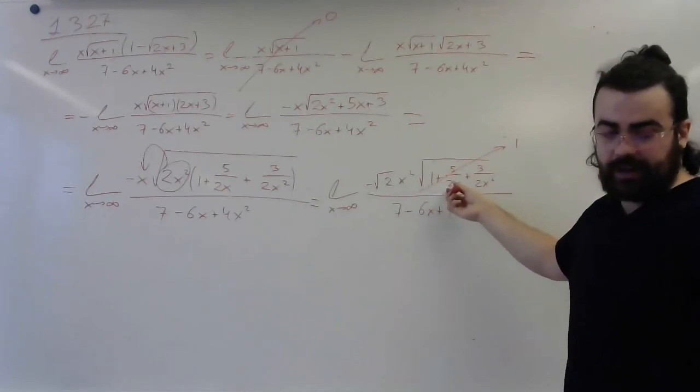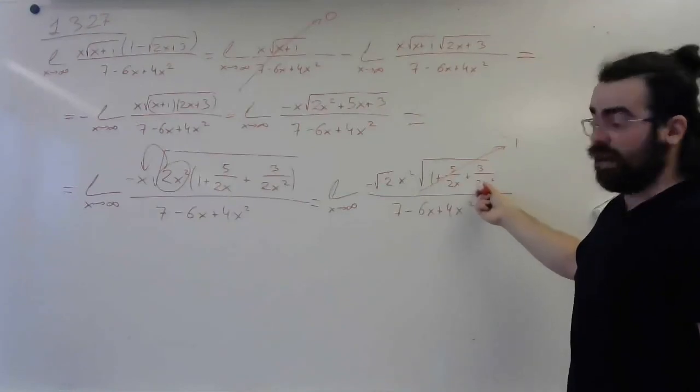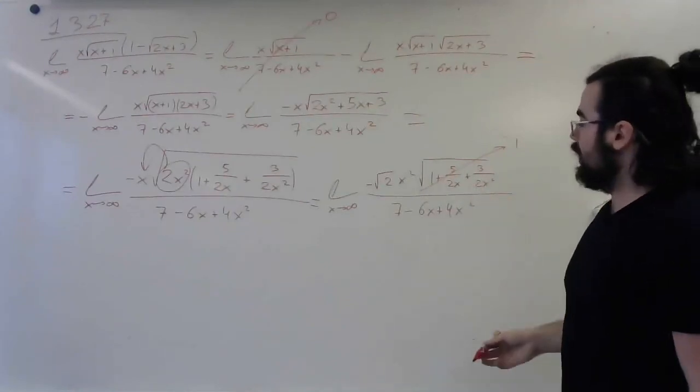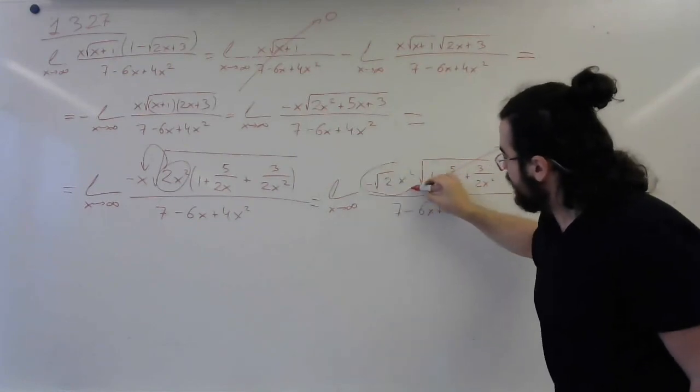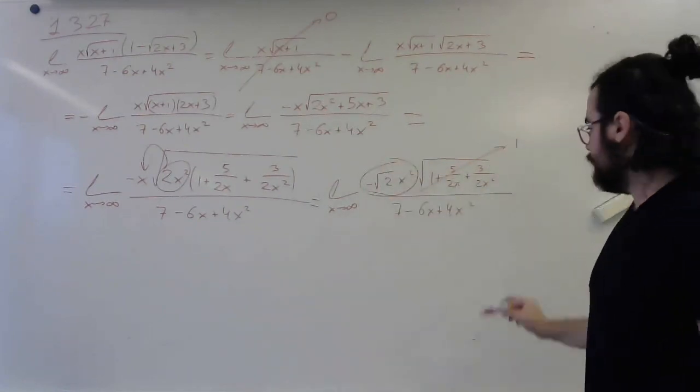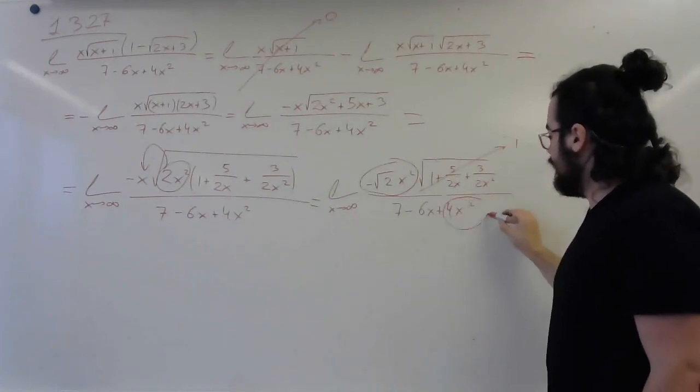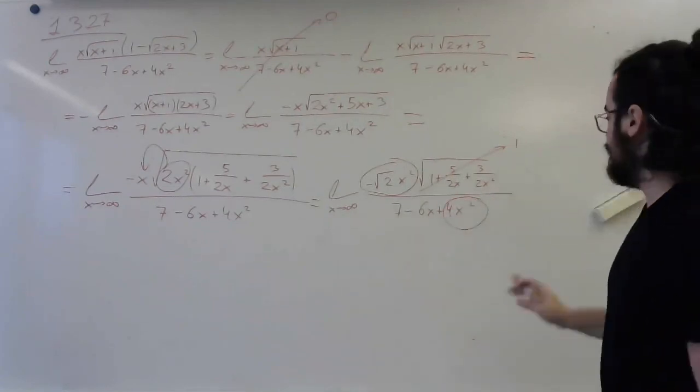This is divided by infinity, so it's 0. This is divided by infinity, so it's 0. So our limit depends on this term, that is on x squared, and on the highest term of the denominator, which has x squared.